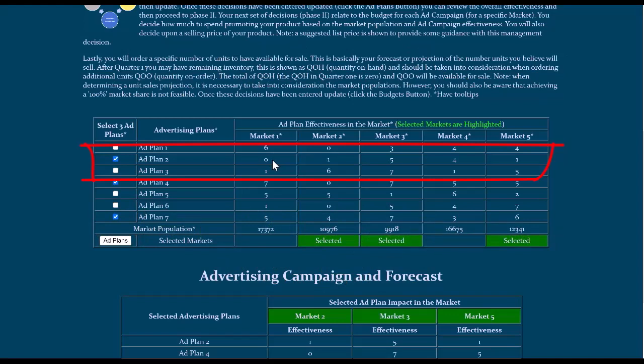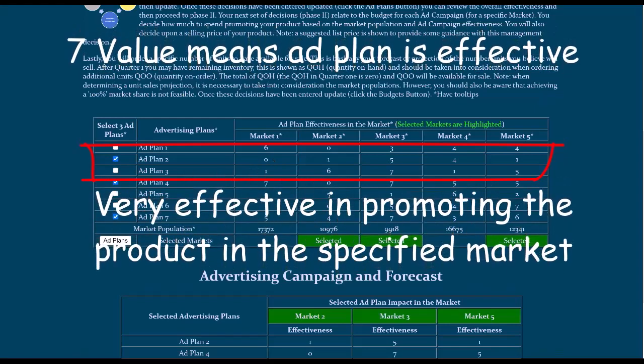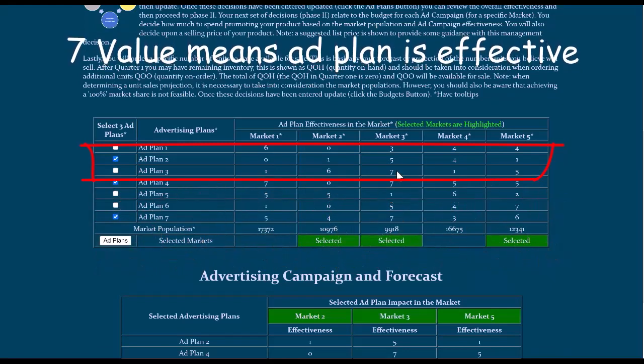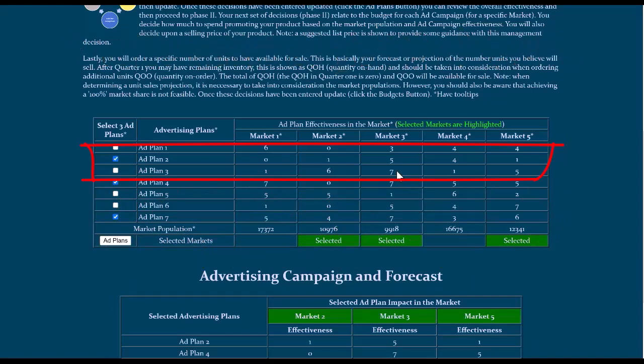On the other hand, if we look at ad plan 3 and we come into market 3, we see it's a 7, which tells us that this is an extremely effective advertising plan that in market 3 especially will be highly effective.